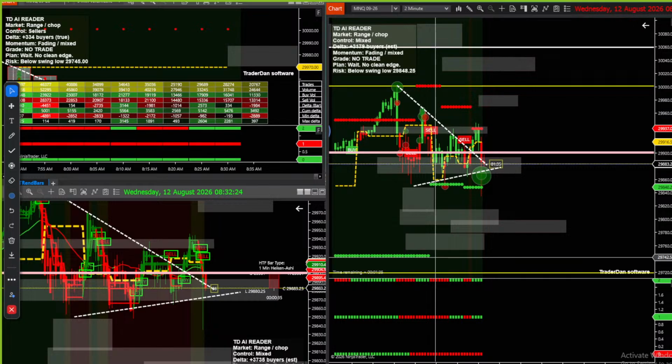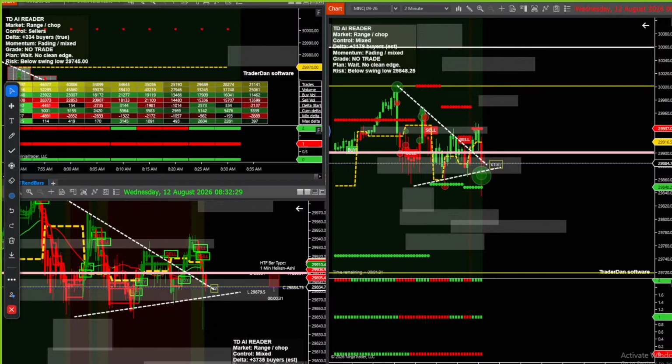Both sides of the aisle are making money today. Bulls and the Bears are both doing it. This is insane, man. Choppy, choppy mess.